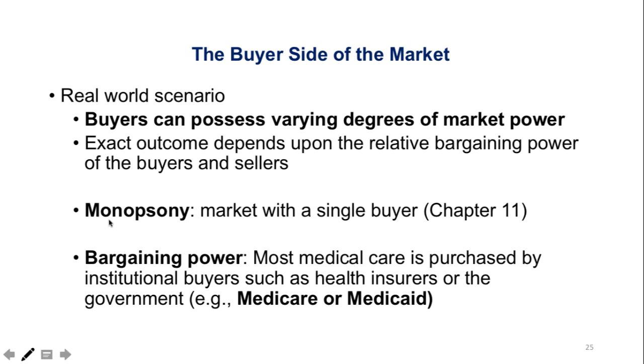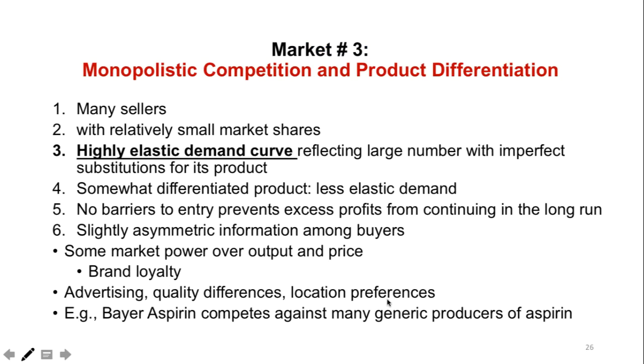That is called monopsony, which is a market with a single buyer. We talk about that in chapter 11. In the United States, especially, for example, Medicare and Medicaid have very high bargaining power, and they can get a better price compared to other buyers.